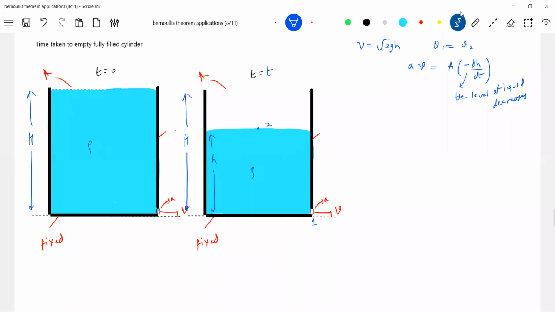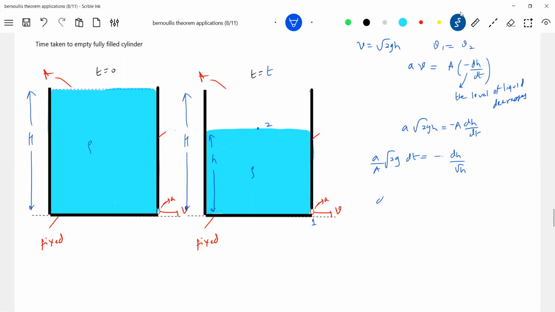So how to express flow rate? Area of cross section into the velocity. So therefore this should be equal to a root of 2gh equals minus A dH by dt. So there should be A by a root 2g dt is equal to dH by root h.